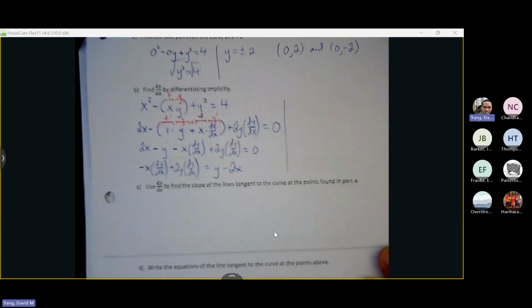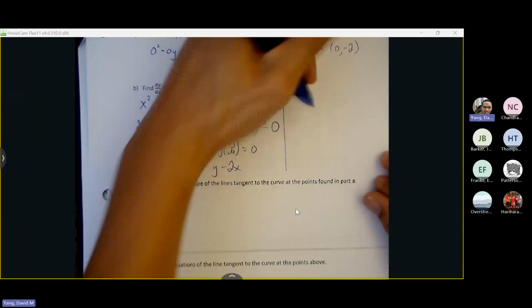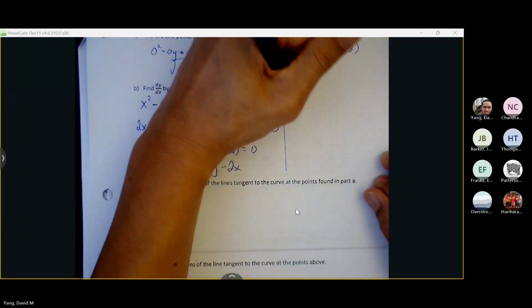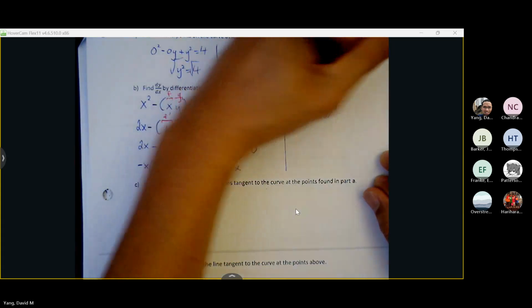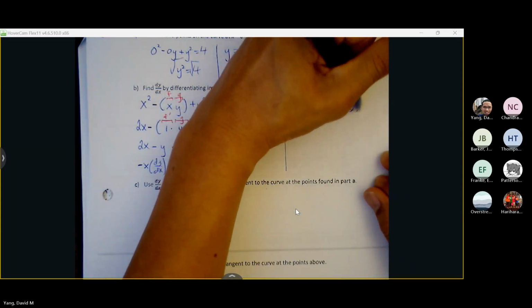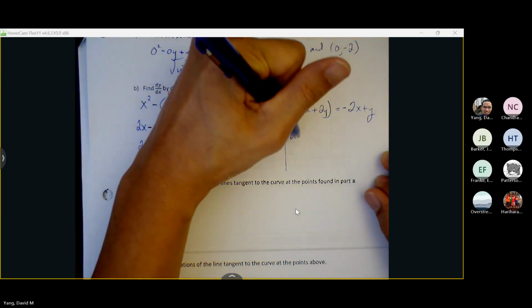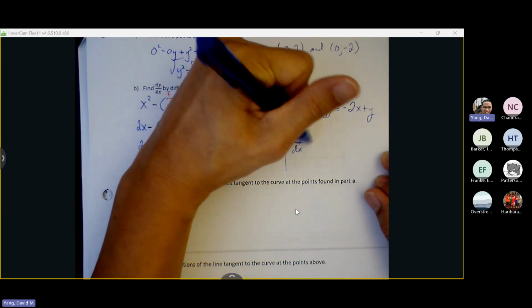Next up, I will factor out dy/dx. And then divide the parentheses over.